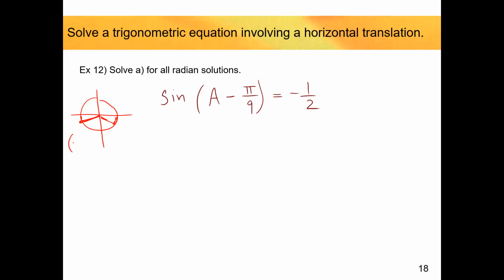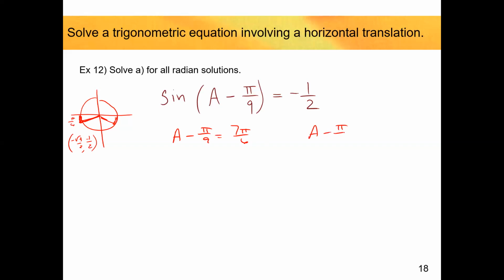This one would be -√3/2, comma, -1/2. So it's the small angle, right? The small angle is pi/6. So I'm thinking since you're going past 180, a minus pi/6 is equal to 7 pi/6. Perfect.